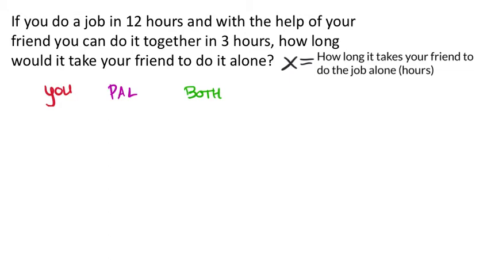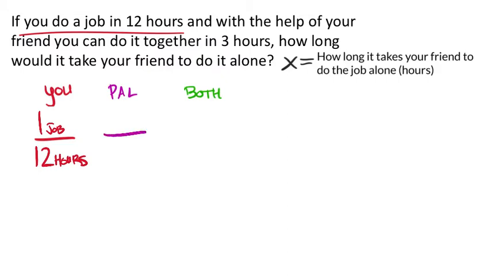Well, up here it says you can do the job in 12 hours. Now it didn't say you could do 5 jobs in 12 hours. So when I set up this fraction, my numerator is one job. You can do one job, but it will take you 12 hours. Your pal, it says, how long would it take your friend to do it?